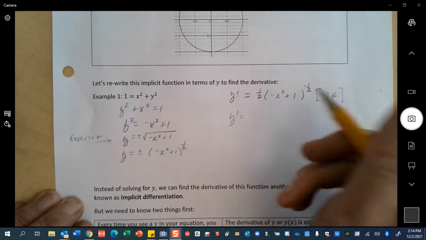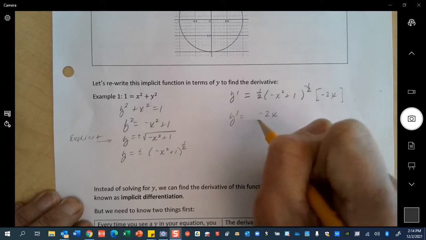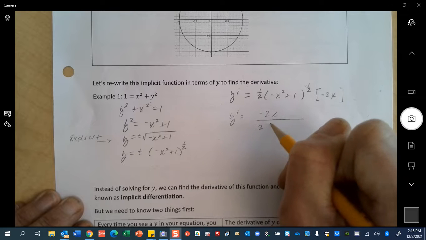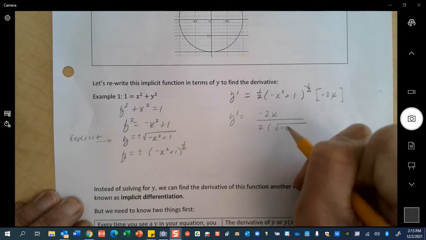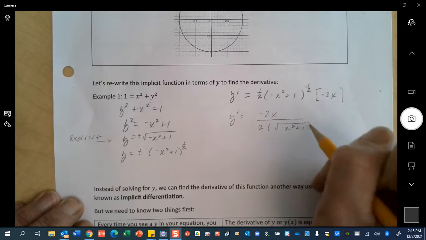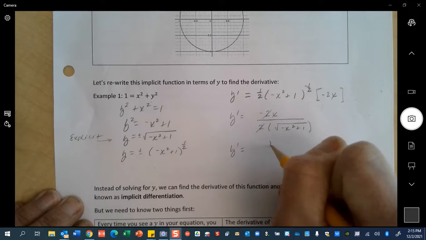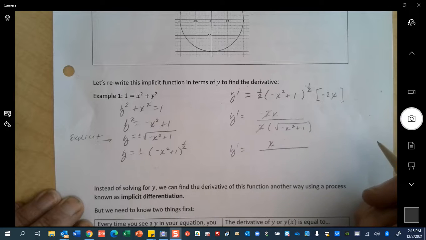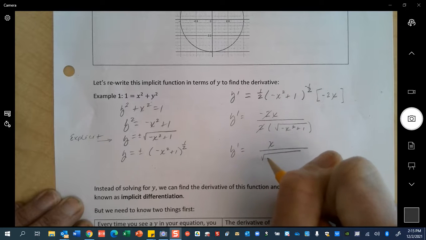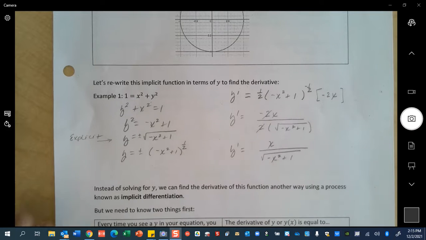Are you with me on this? We okay? This x inside is still negative?